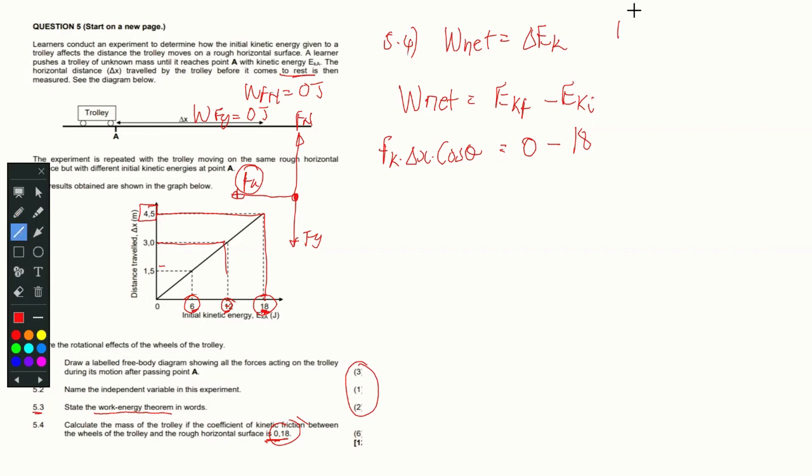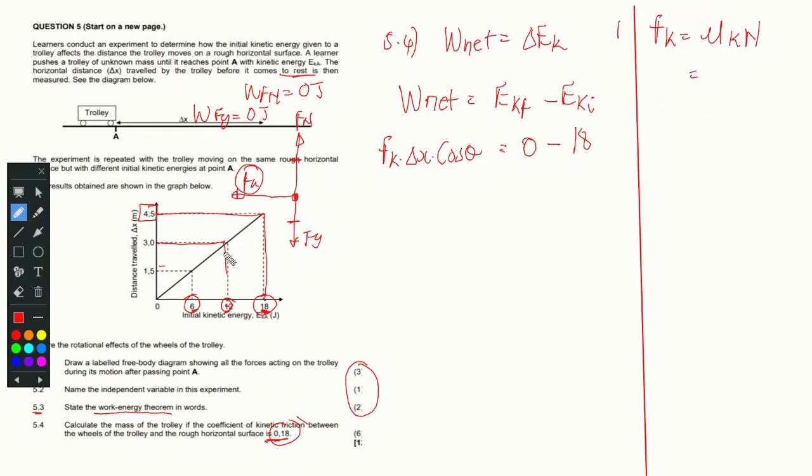Now, we still have the problem of Fk. We haven't calculated Fk, but we know that Fk is mu k multiplied by the normal force. From our free body diagram, this is case number 1, just moving horizontally, and the normal force will be exactly the same as the gravitational force. Not mg cos theta this time, just mg.